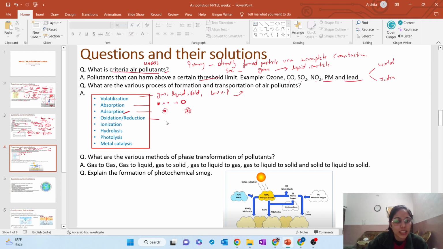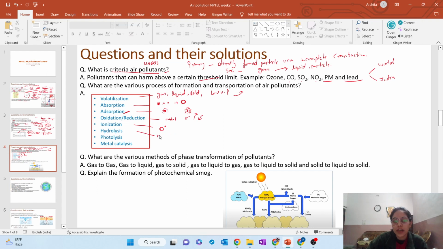Oxidation reduction: there are certain metals in the atmosphere that can gain or lose electrons, so by gaining and losing electrons they can oxidize and reduce themselves. That is another way metal can exist in the atmosphere. Ionization is the same: sometimes a particle has only a radical, and it can ionize by interacting with other particles.